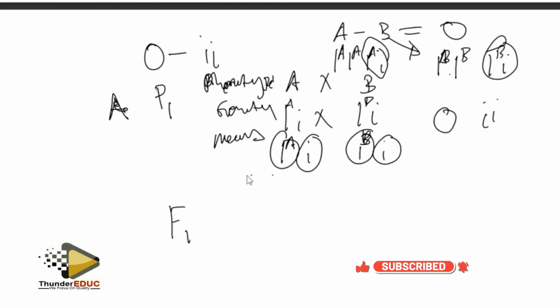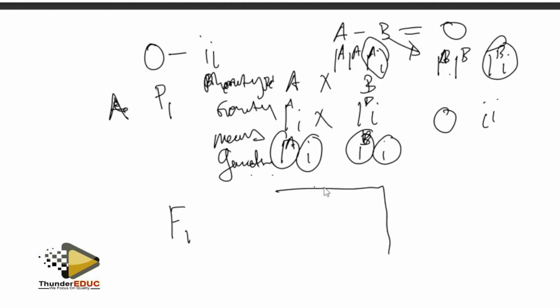All right. Now, look. Now, this is gametes. So if these are gametes, now what happens here? You can use a Punnett square method, or you can just cross. Whatever you want, it is still fine.